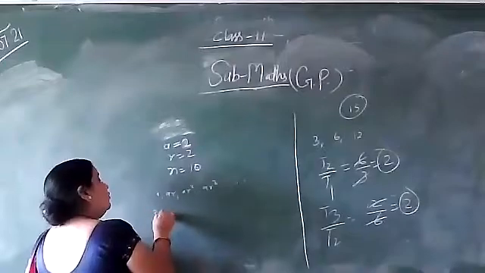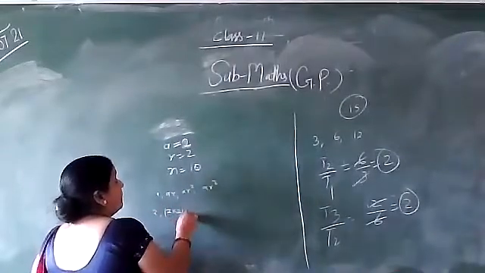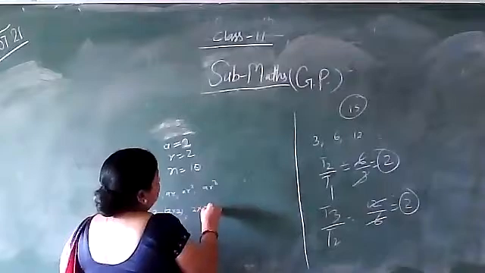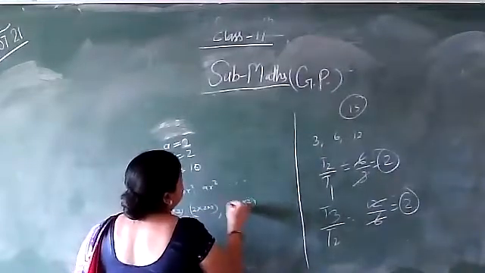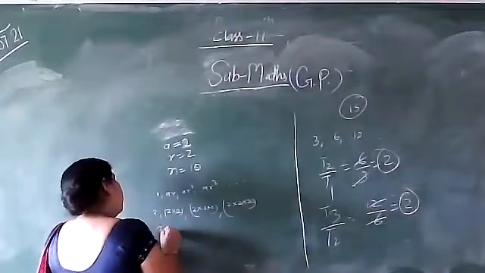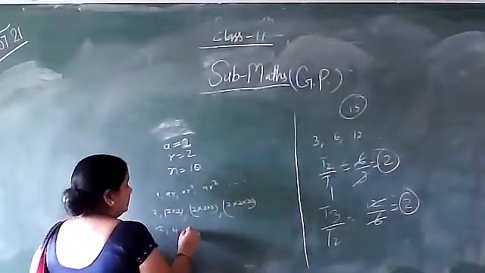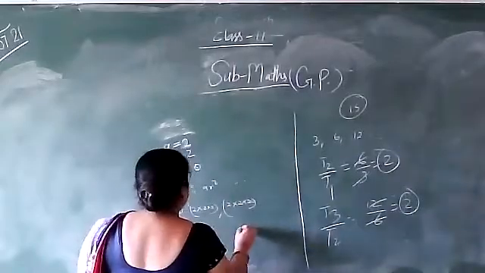So here we have 2, here is 2 into 2, here is 2 into 2 into 2, up to 10 times. This is the series.